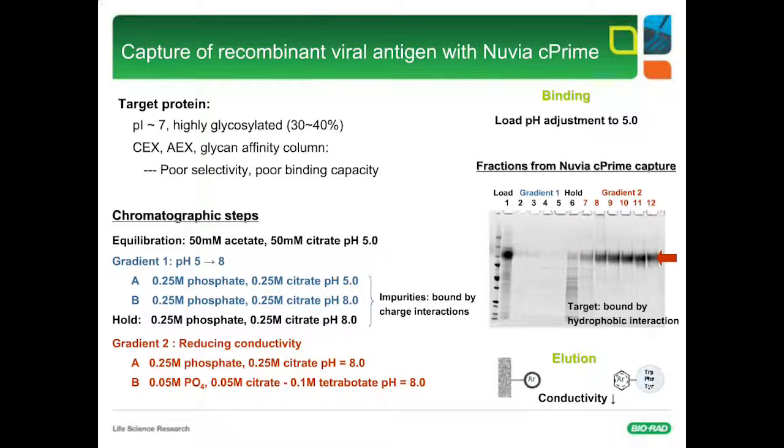I'm getting a lot of questions here, so I'm going to go through them as fast as I can. One of them is: is pH 4.5 to 5 recommended for binding when you're considering electrostatic properties? Actually, my answer would be that pH 5 or 4.5 is more for promoting the hydrophobic interaction, because at this pH the ligand doesn't really carry that much charge.